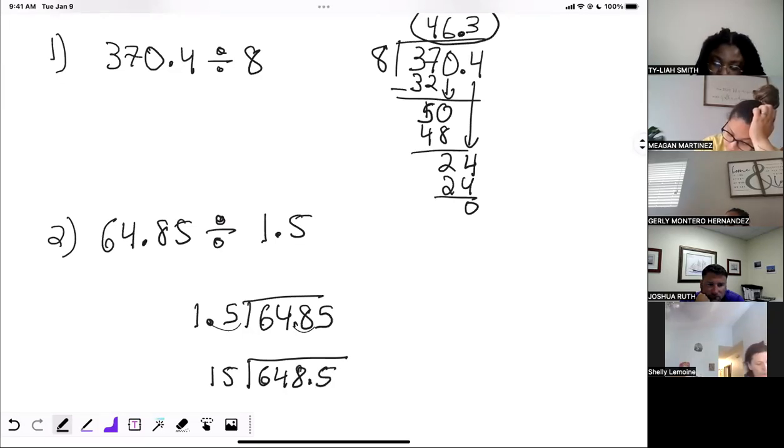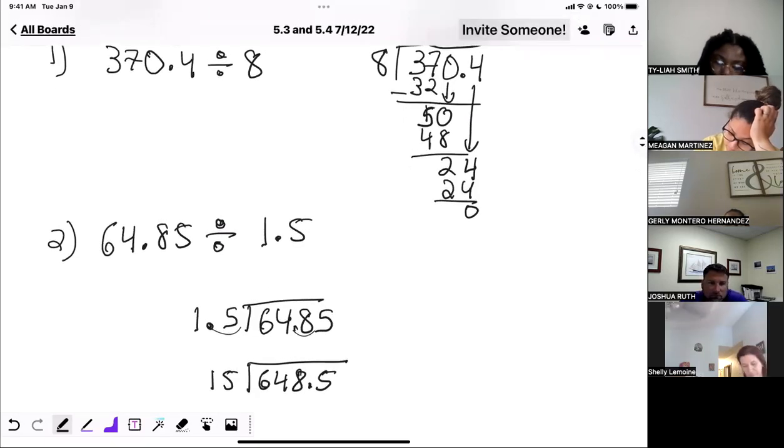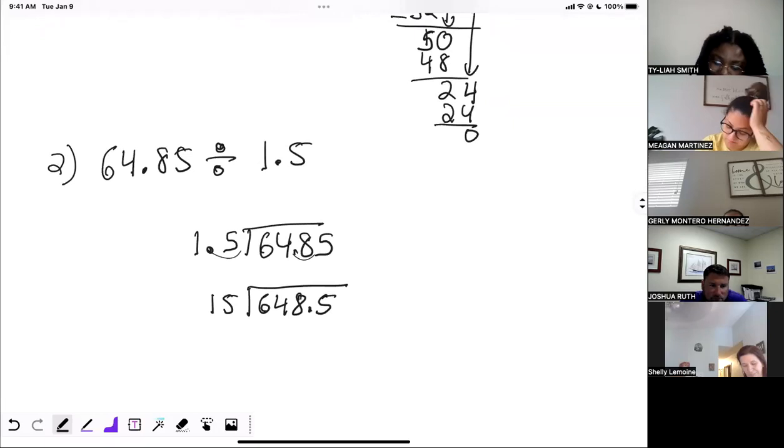Now I'm allowed to divide. Now it looks like the first problem, right? We're just dividing by a whole number. So you are not allowed to leave decimal places when you're dividing on the outside. You got to fix it. So however many places I move the decimal to make it a whole number, I have to move the decimal place inside the same amount.